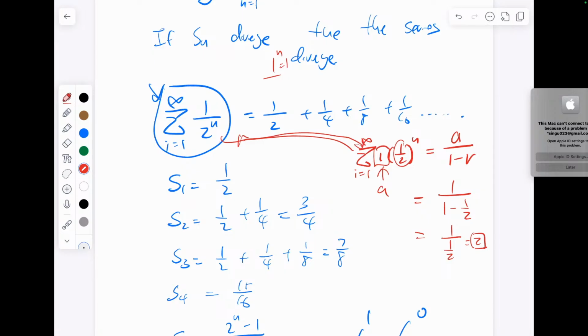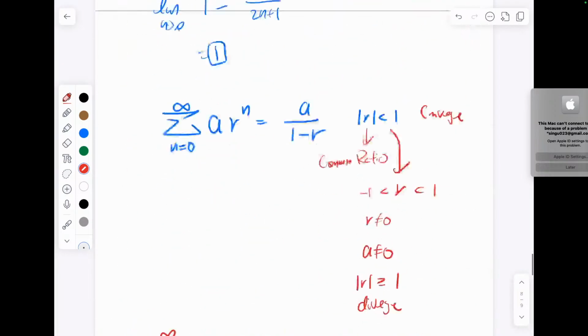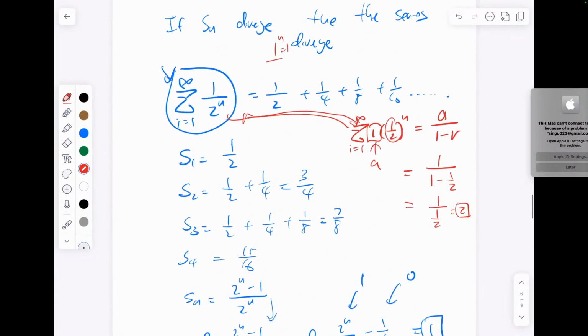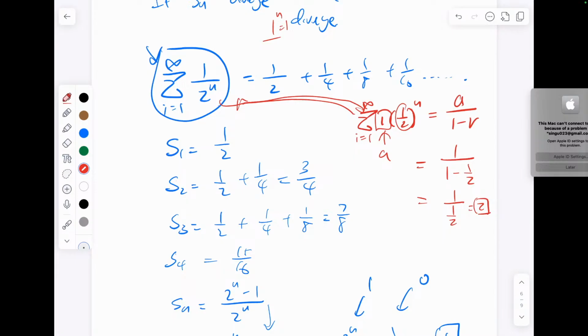But if you want to change it to the A R to the n format, okay, so you try one. What is the purpose? Because you can find the sum of the series really, really quickly if you have a geometric series. So the goal is to find the sum. Yes.